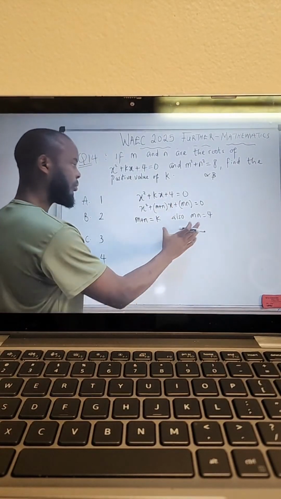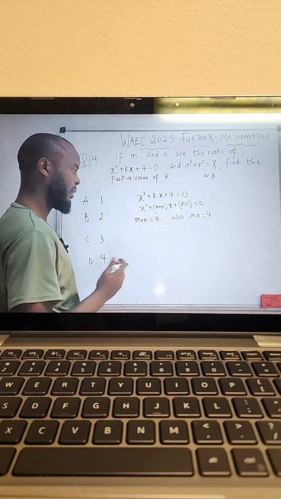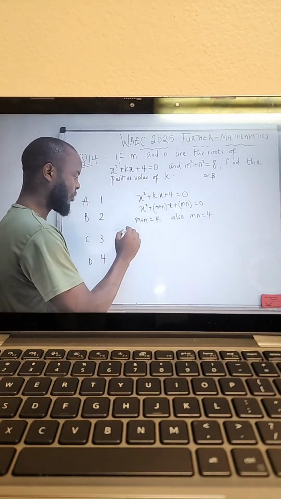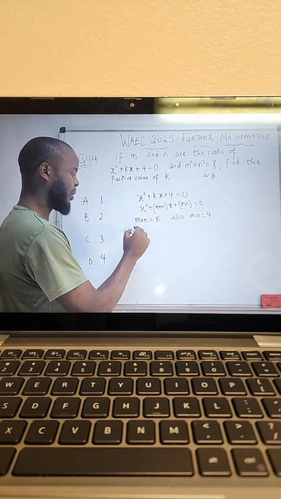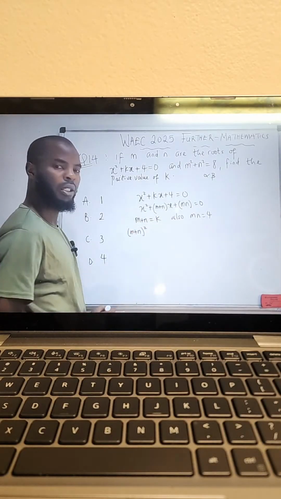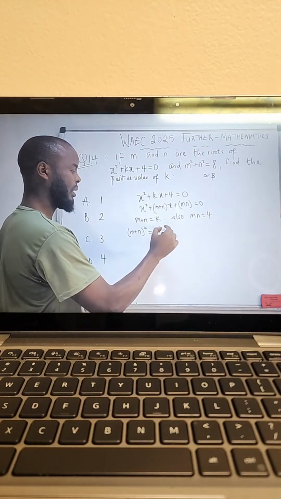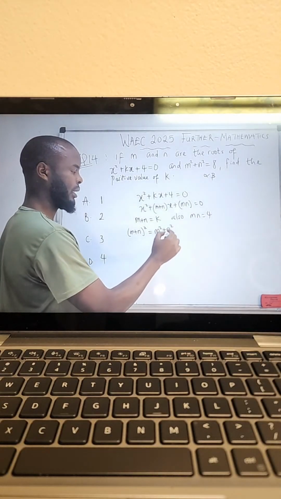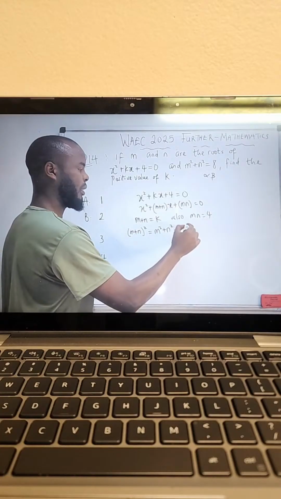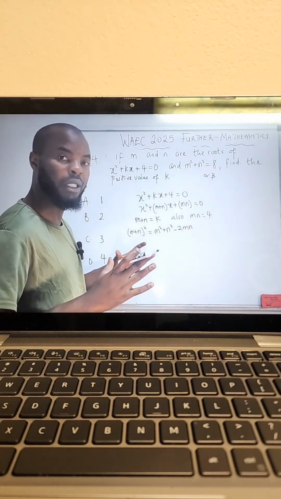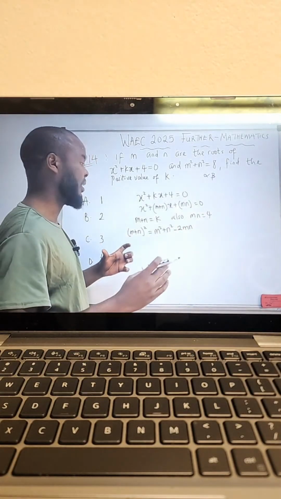Now, once we've done this, what next? I want you to also recall that when we have m plus n all squared, this can be simplified as saying m squared plus n squared plus 2mn, where you factorize, expand the bracket.